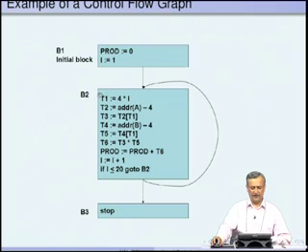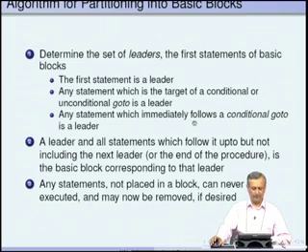From here, which is a leader, to this point just before the next one is another basic block, and this stop statement is a basic block on its own. Any statements not placed in a block can never be executed and may now be removed if we want to do that.